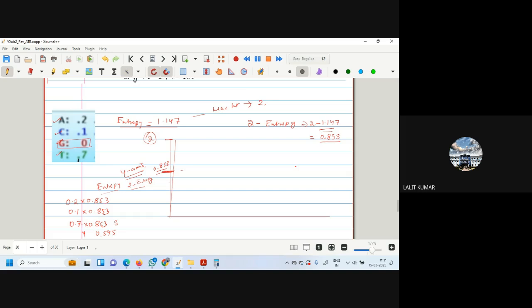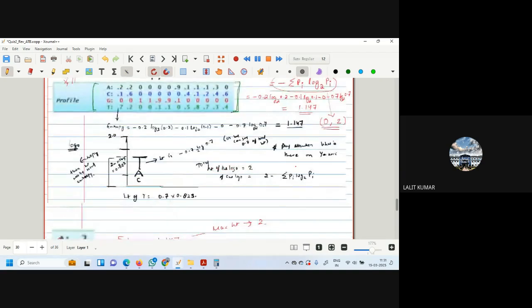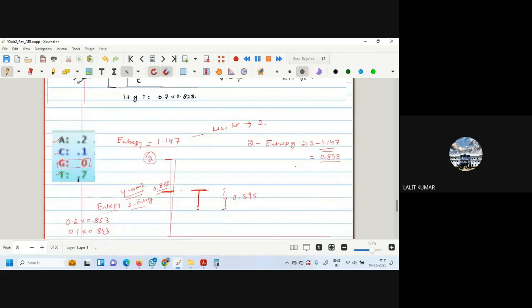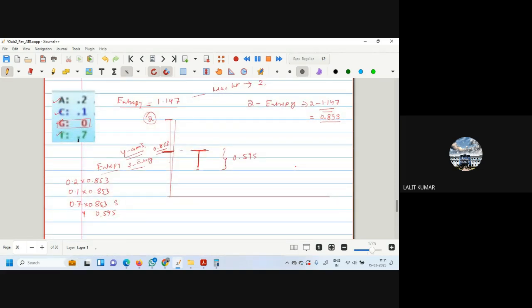So your T size will be bigger, and the total height of T is 0.595. The second biggest is A, so you take A from here, and your A height will come like this.